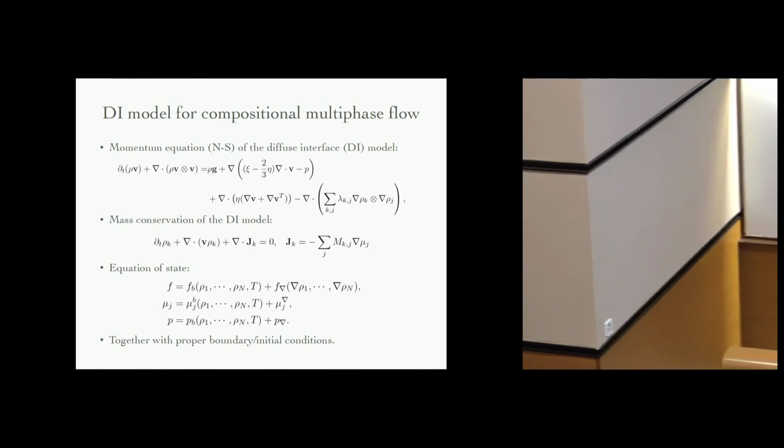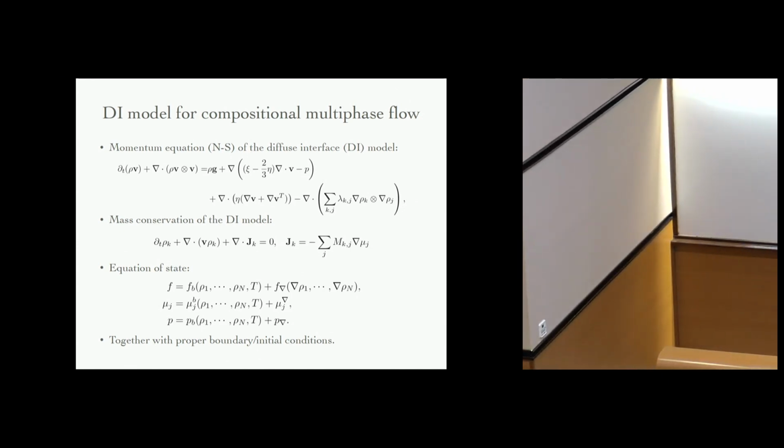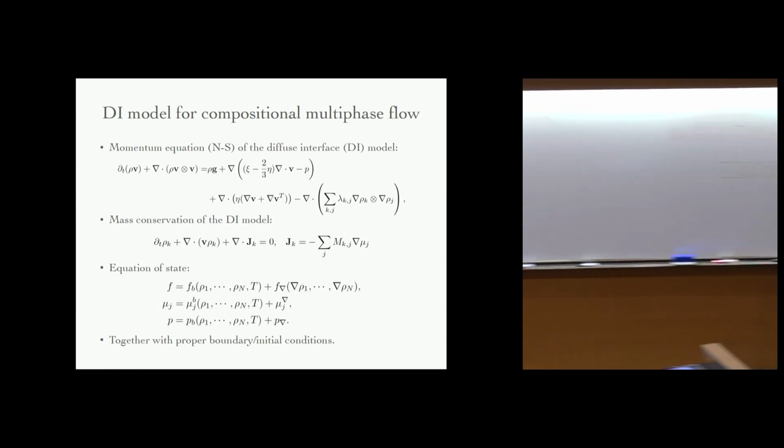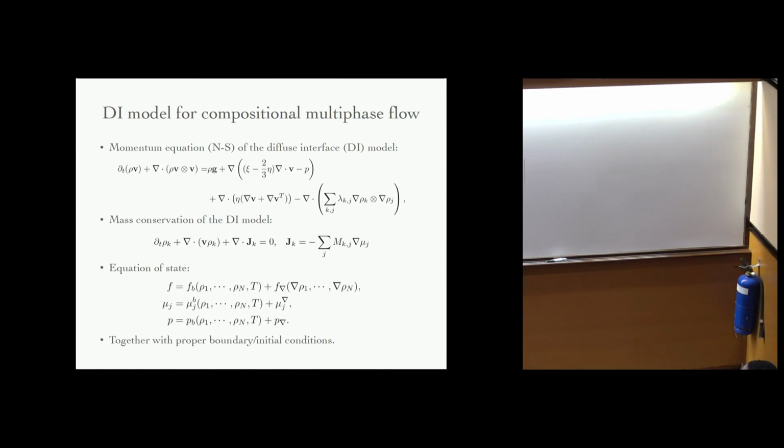Because of that, the whole equation is thermodynamically inconsistent. That causes a challenging numerical scheme. So from that sense, designing a good algorithm here is actually slightly easier in terms of maintaining the thermodynamic consistency.